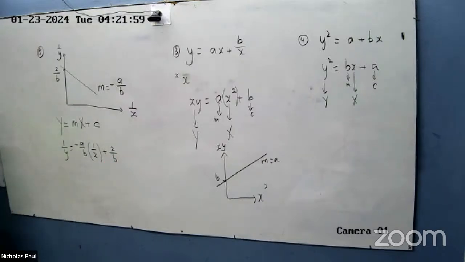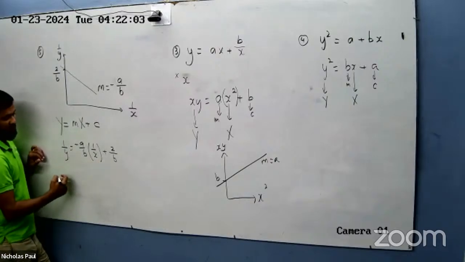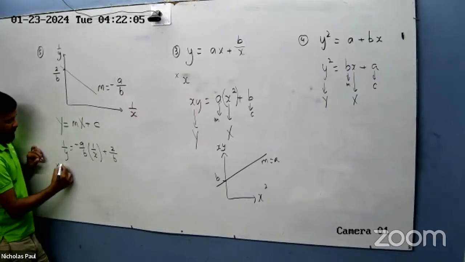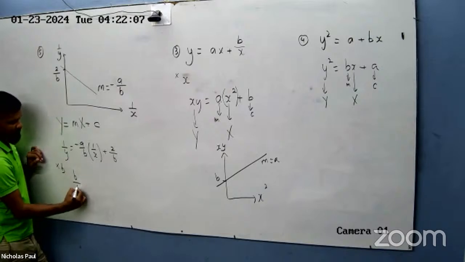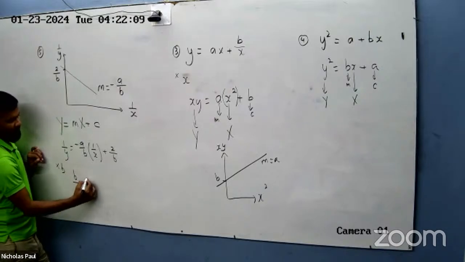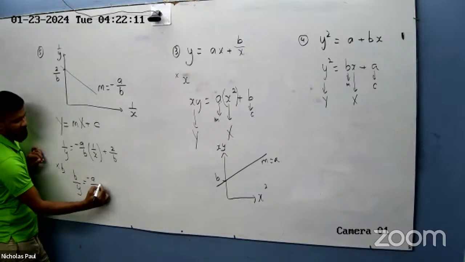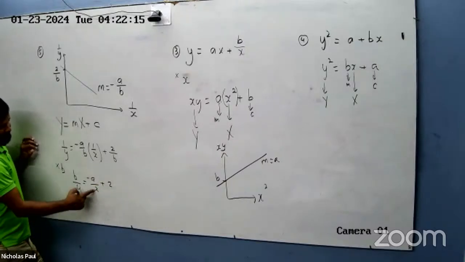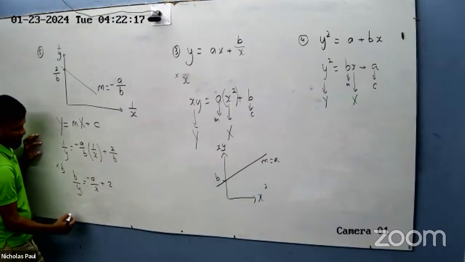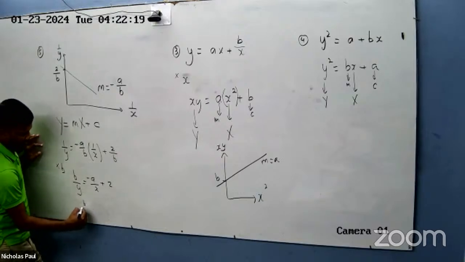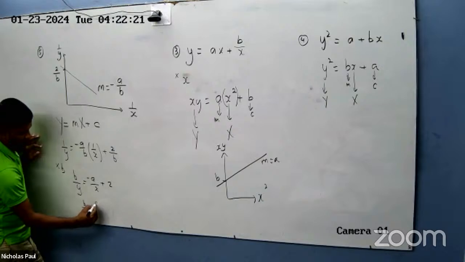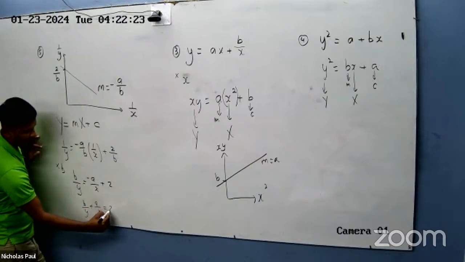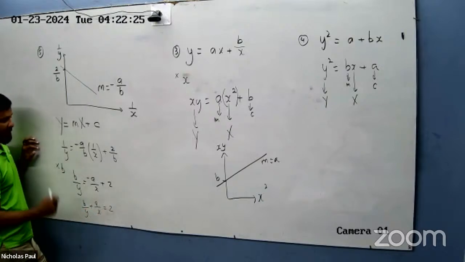What we could probably do is multiply everything by b. If we multiply everything by b, we will get b on y is equal to minus a on x plus 2. You can bring it across and make it look a little nicer, so you'll get b over y plus a over x is equal to 2. That's probably the best we could do.